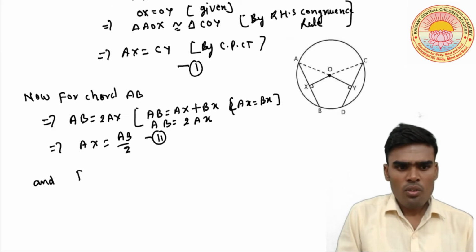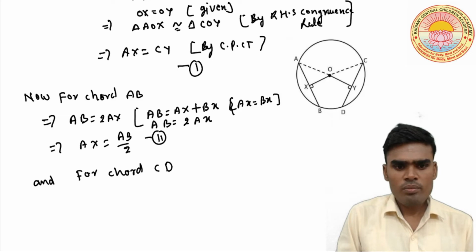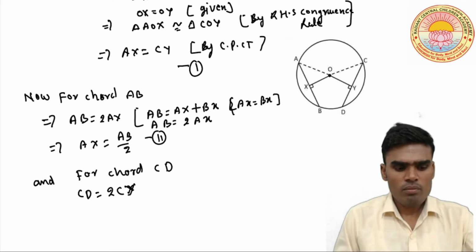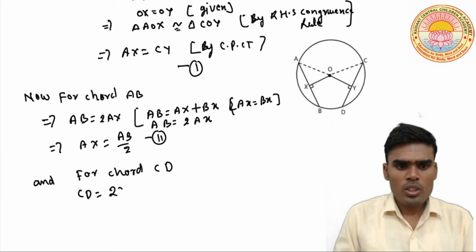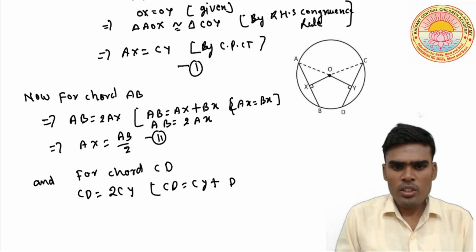And for chord CD, CD is equal to 2CY, because CD is equal to CY plus DY, but CY is equal to DY.